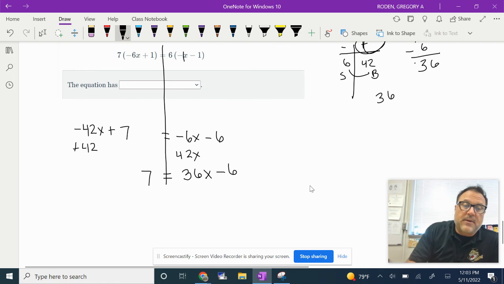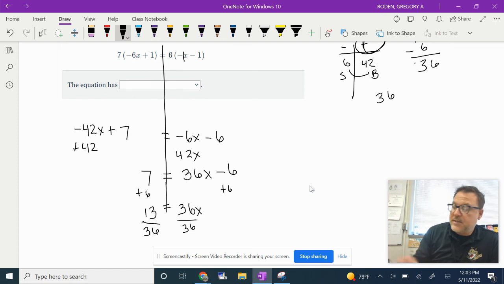So now I'm going to add 6 to both sides, and now I get 7 plus 6, I believe, is 13, if I did my math right. 13 equals 36x. And then I'm going to divide both sides by 36. Now, I don't believe 13 is divisible by 36. So they are not divisible.